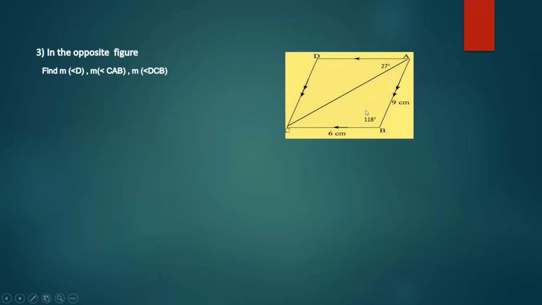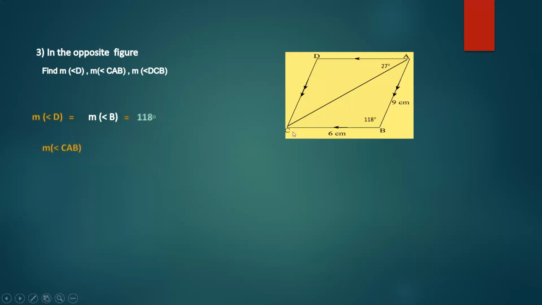In the opposite figure, find the measure of angle D, the measure of angle CAB, and the measure of angle DCB. Let's see. Measure angle D is opposite to angle B, which equals 118 degrees. So measure angle D equals measure angle B equals 118 degrees.